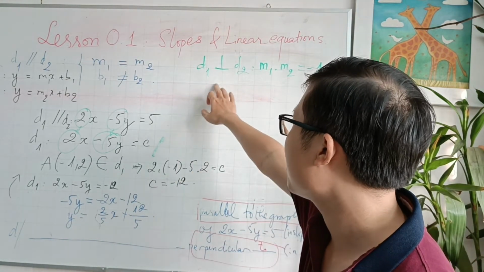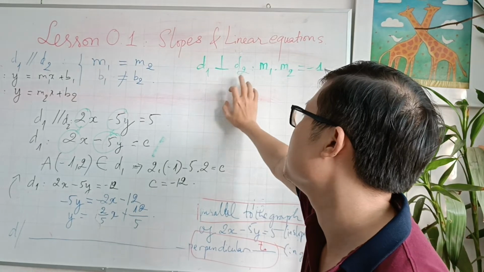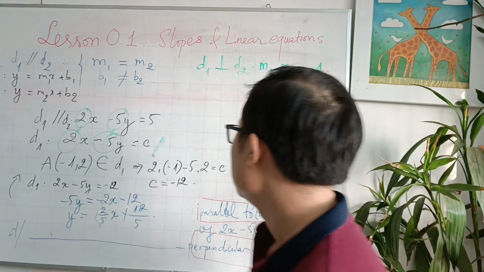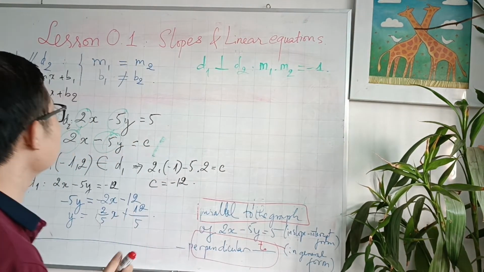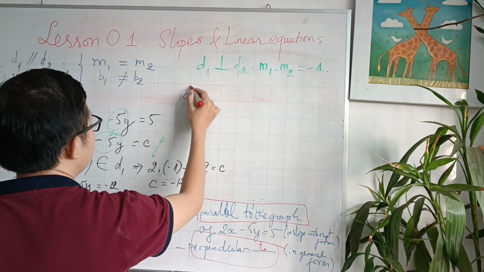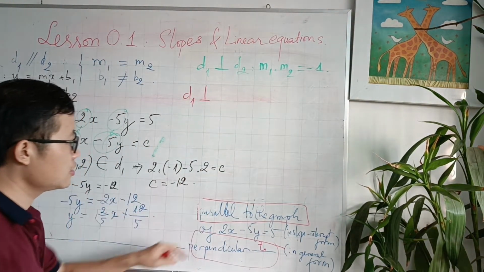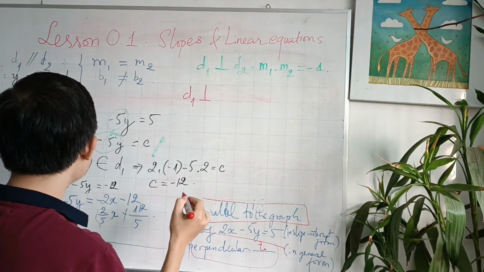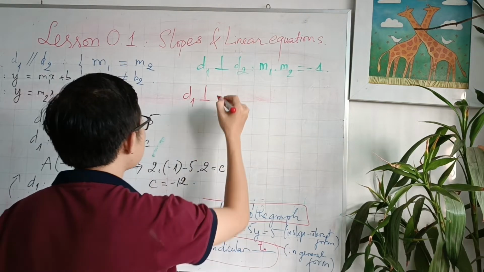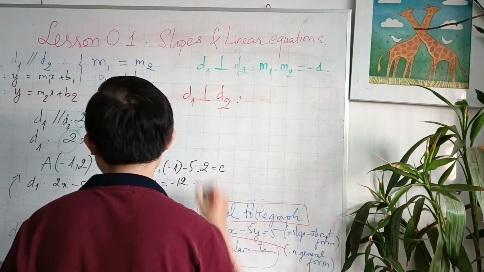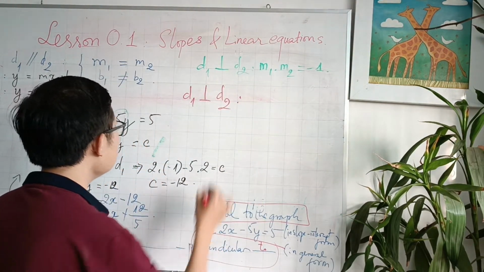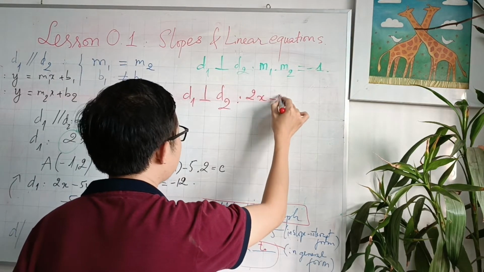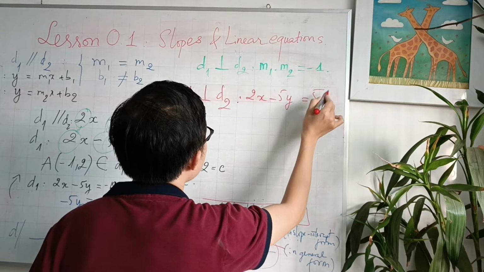The line D1 is perpendicular to D2. For D2 we have the same line as in question C: 2x minus 5y equals 5.